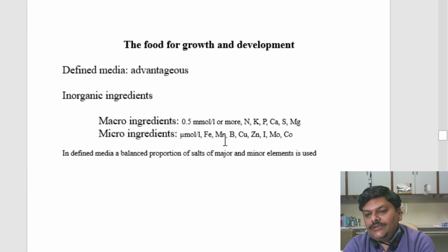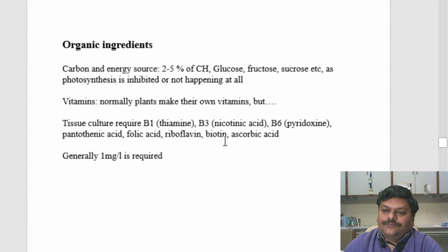So macroelements are in general those required in 0.5 millimolar or more, and these are 6: nitrogen, potassium, phosphorus, calcium, sulfur, and magnesium. Microelements which are required in micromolar concentrations are iron, manganese, boron, copper, zinc, iodine, molybdenum, and cobalt. In defined media, it has been defined which composition is required in which concentration. We will discuss it in subsequent slides.